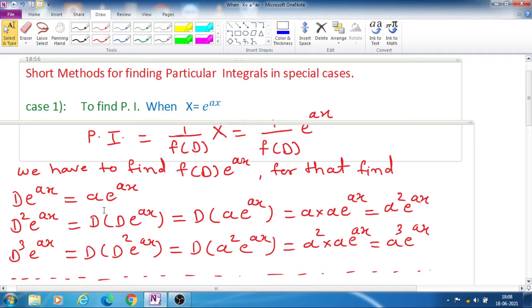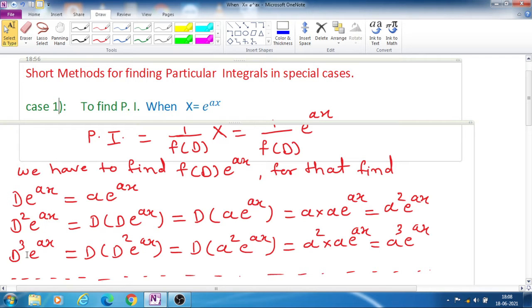Now the formula for PI is 1 upon FD into capital X, or 1 upon FD operates on capital X. So here capital X is e raised to ax, therefore we have to find PI is equal to 1 upon FD operates on e raised to ax.